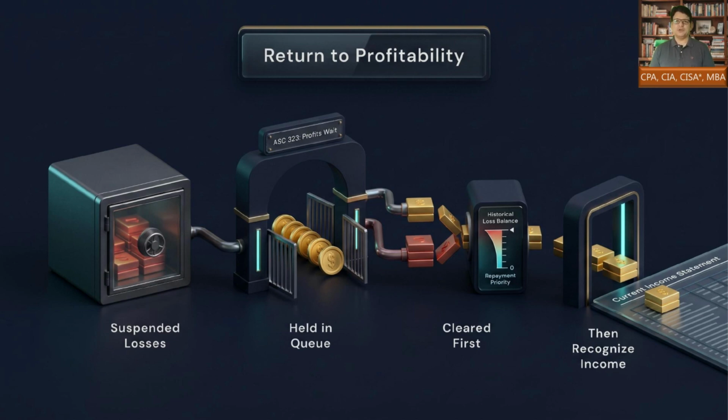Think of suspended losses as standing in line before new income. They were waiting from prior periods, and accounting politely says, please clear the old queue before celebrating the new profit. That queue system prevents the investor from skipping over losses that were economically incurred but not previously recognized.